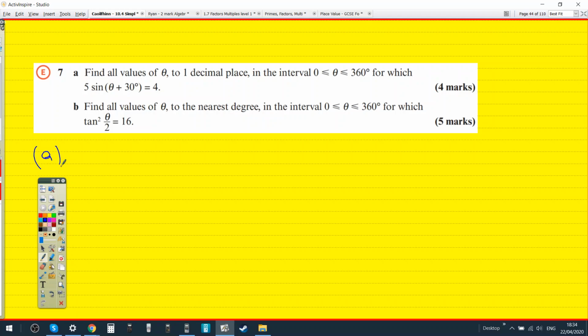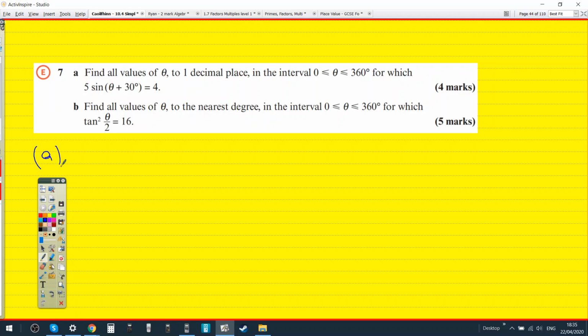Before, when we had the 5 there, is the 5 being there the same as it being before the theta part? No. So can we divide it first? Yep.